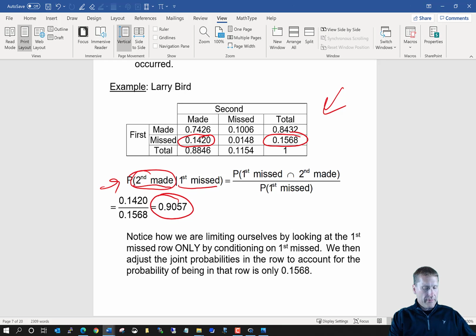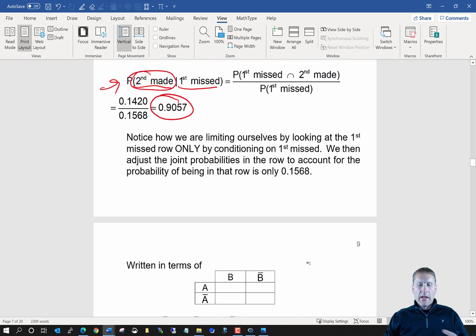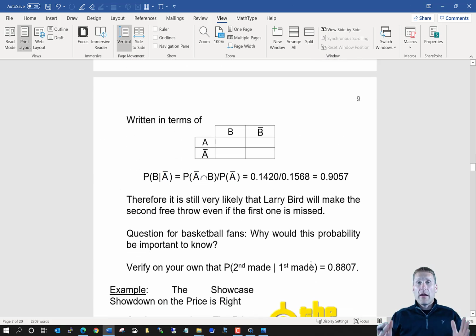Turn the page here. So we're on page 9. Now we could rewrite this in terms of A's and B's as well, and that's what I did here. Now, on your own, I want you to verify that the probability of second made, given that the first was made, was 0.8807. So, in fact, look at this right here.